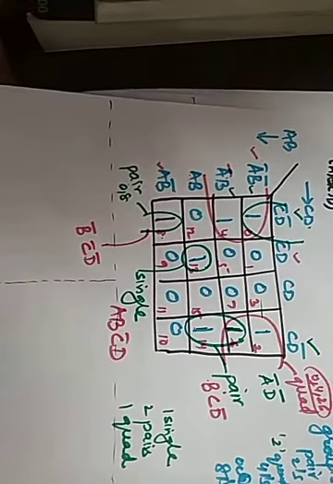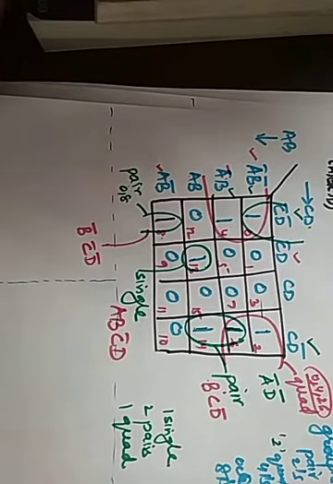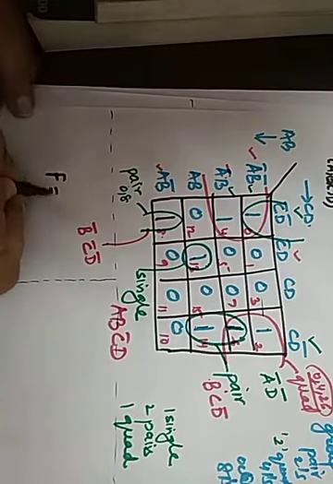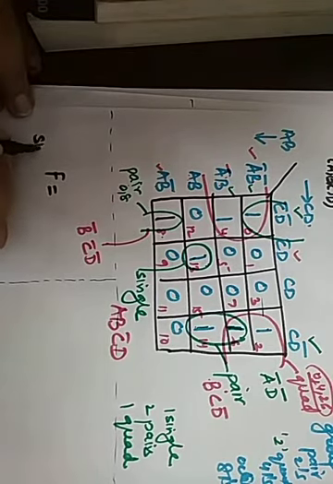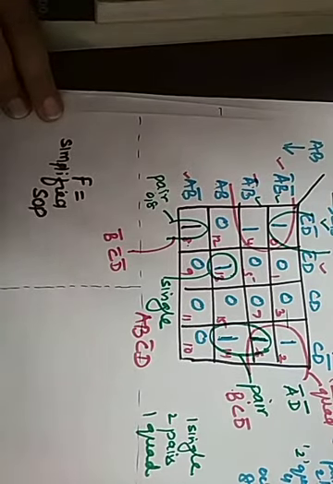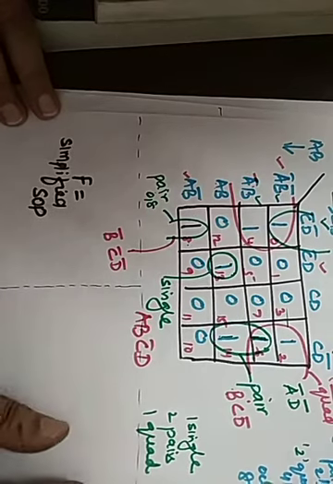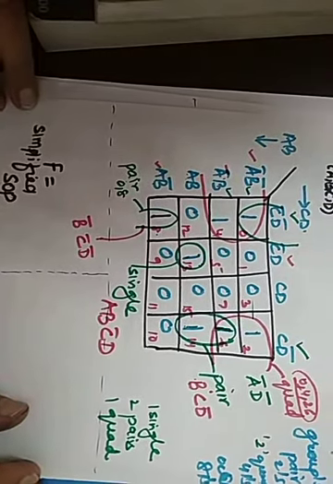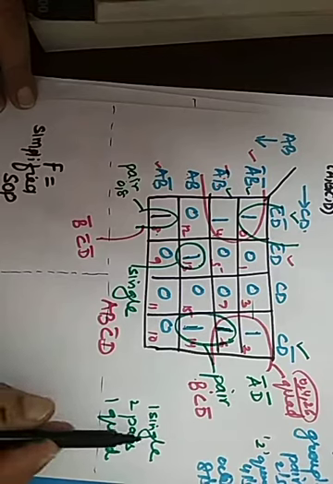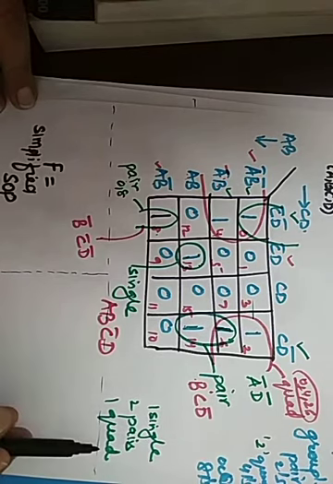All the values having been solved, we can finally write the solved function as f equal to. What have we finally found? The simplified SOP. The simplified SOP f is equal to the sum of the single, the two pairs and the quad.